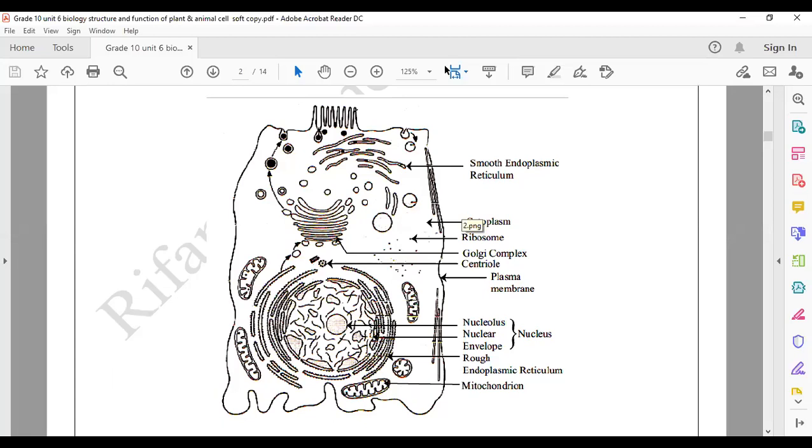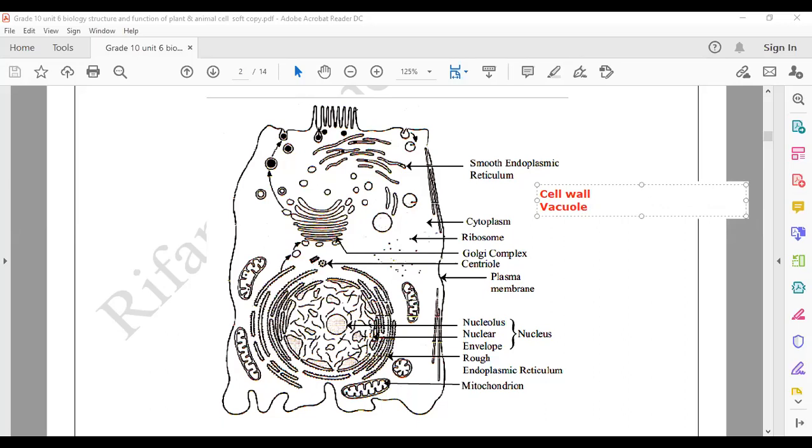Generally we say three things, my children. You are writing, dividing them, but generally we say three things. Cell wall, that is found in the plant cell, not found in the animal cell. Second, vacuole, that is present in the plant cell.